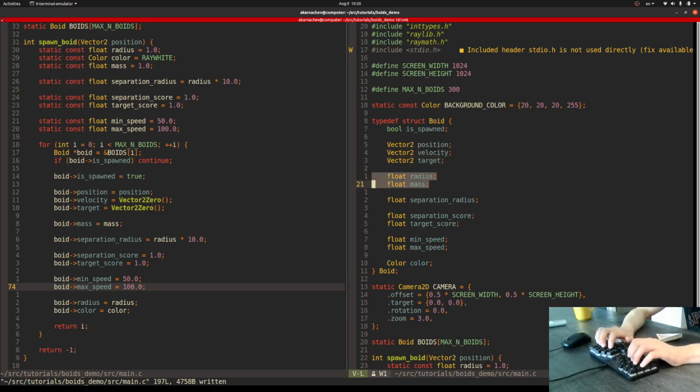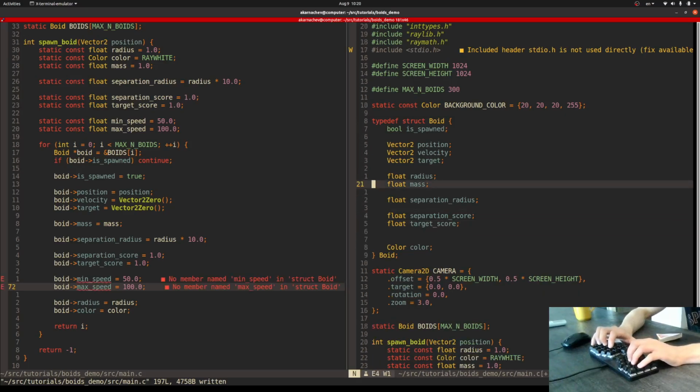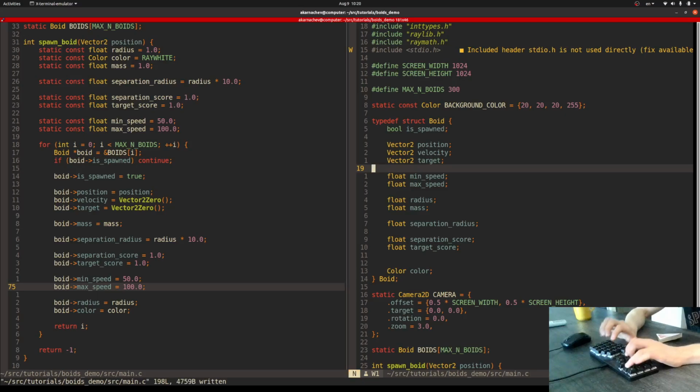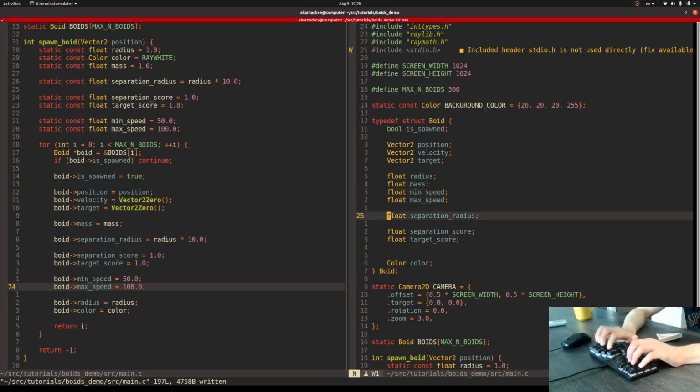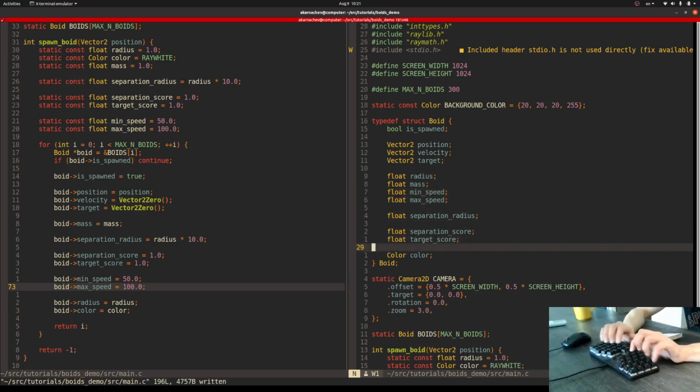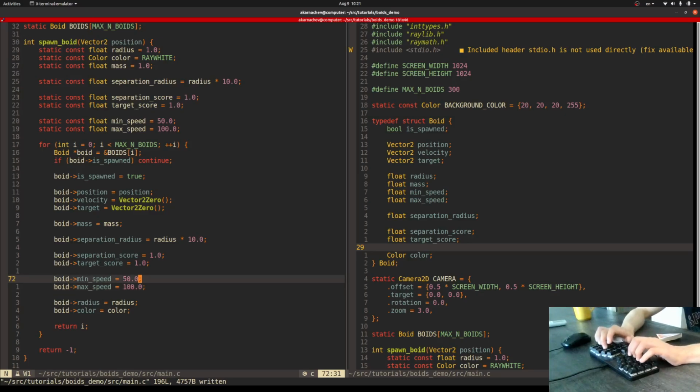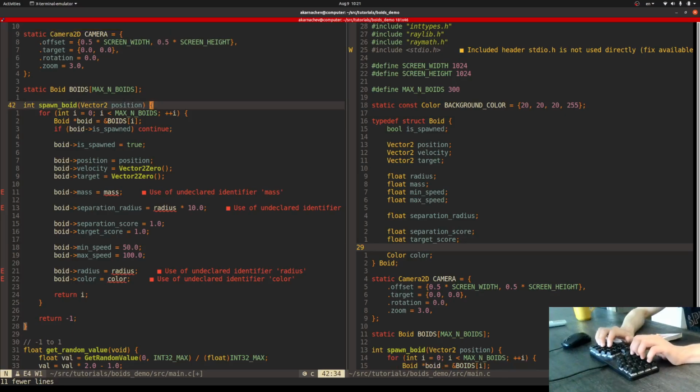These are parameters of the physical representation of the Boid, radius and the mass. These are my radiuses, scores. This stuff I maybe should put here. Yeah, now I like the separation. Let me get rid of this stuff.